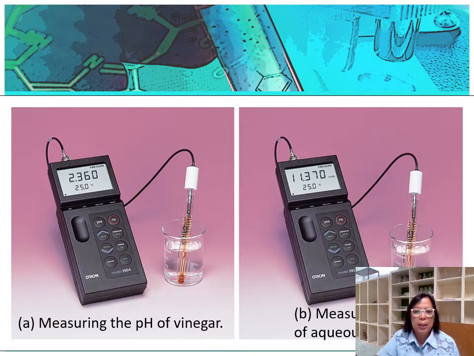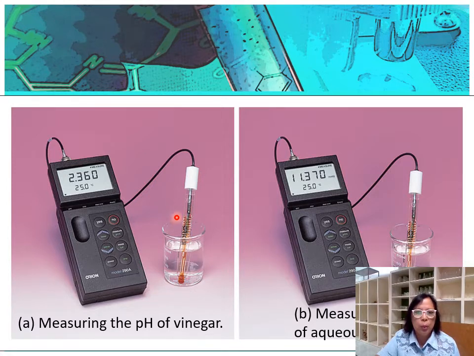And of course, this is an example of a portable pH meter with only one electrode, the pH electrode. There are some pH meters that also have multiple electrodes, so you could get the pH of two substances at the same time.